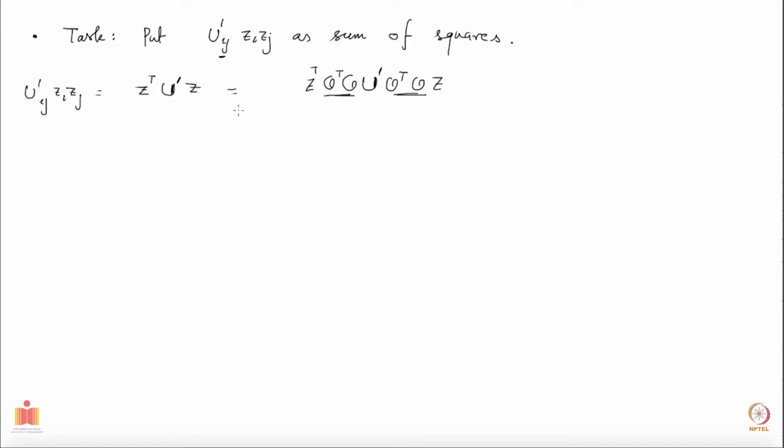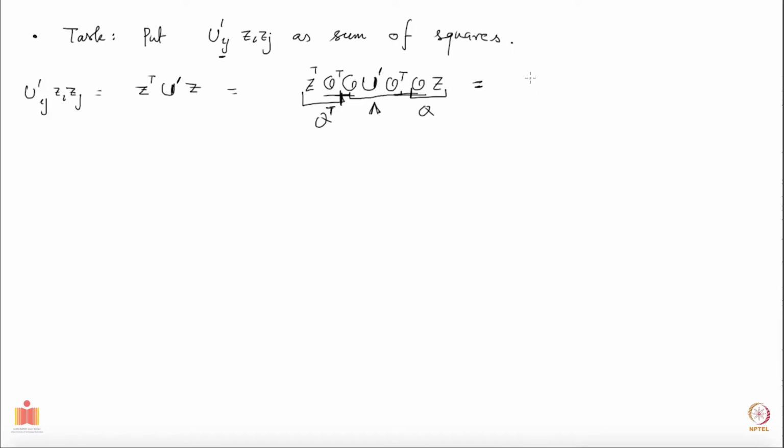Now, by the way, this O is the one which diagonalizes. So this matrix here I will call lambda, and lambda will be a diagonal matrix. And this quantity I will call Q, and this then becomes Q transpose.